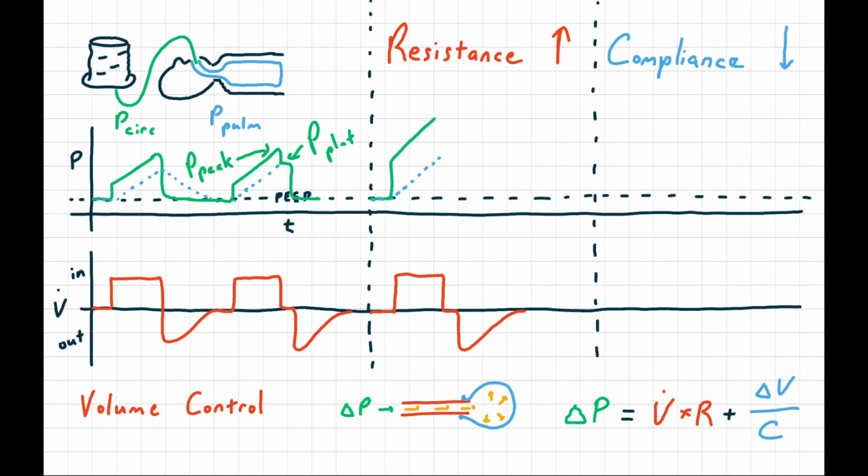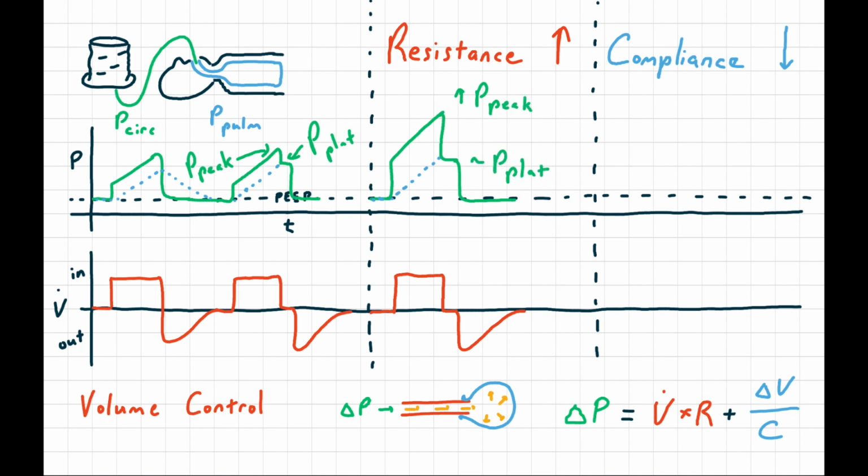So your circuit pressure is going to jump way up like this, and then continue to increase in parallel with the pulmonary pressure. At the time of the inspiratory pause, because flow is now going to be zero, the circuit pressure is going to return down to the pulmonary pressure and hang out there for the inspiratory pause. When it's time for expiration, the circuit pressure goes right back down to PEEP and allows for expiration. So what we see here is a very high peak pressure, but a normal plateau pressure.